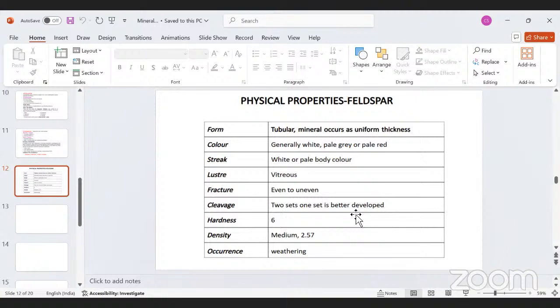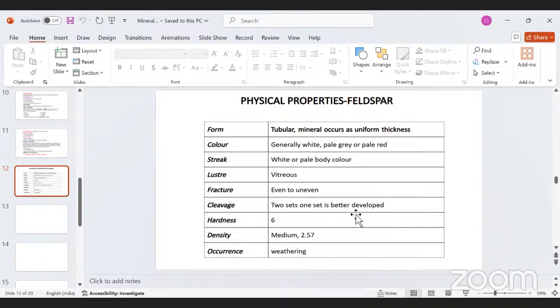Some halides are also there. Rock salt is a halide, example NaCl, and cryolite. Fluorite CaF2, and apatite also. Carbonate minerals include calcite, magnesite, aragonite, dolomite, siderite, azurite, malachite.